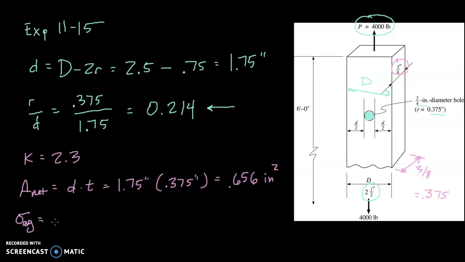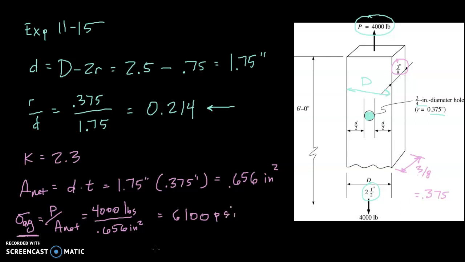And so our new net average stress, due to our reduction in cross-section because we drilled a hole in it, is going to be load divided by net area. So the load is 4,000 pounds. The new net area is 0.656 square inches. And so this is equal to 6,100 psi. That is the average stress.